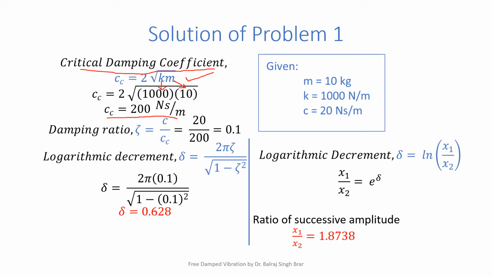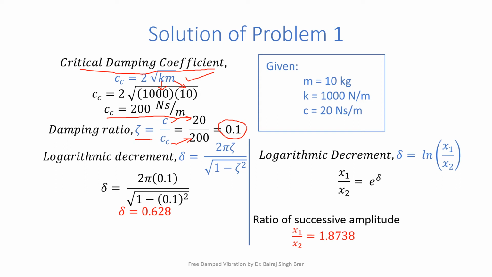Then from the definition of damping ratio, zeta is equal to C by Cc. So we put the value of C, 20, and the Cc value we have calculated, which is 200, and on solution it gives us a zeta value of 0.1.